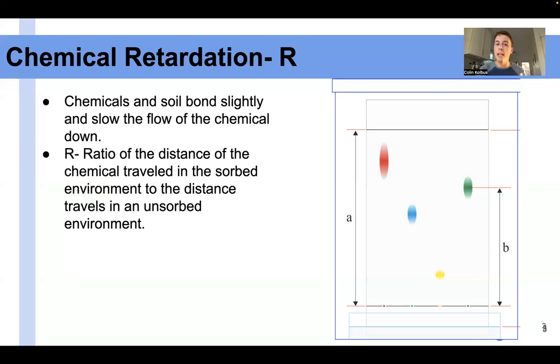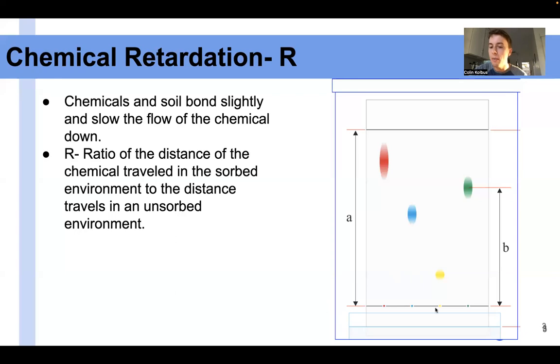So that's what sorb means. It's just adhering in some way. The chemical is binding with the sediment somehow. And so our R value captures that slowness that is experienced by a chemical with a lot of chemical bonding.